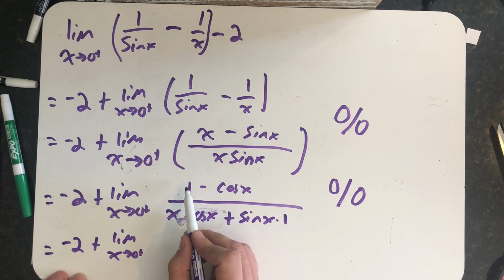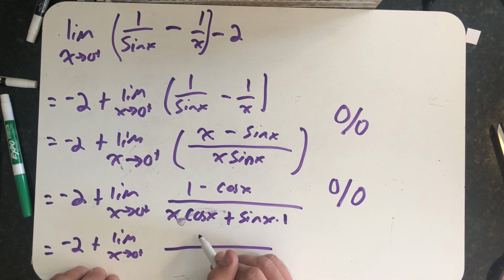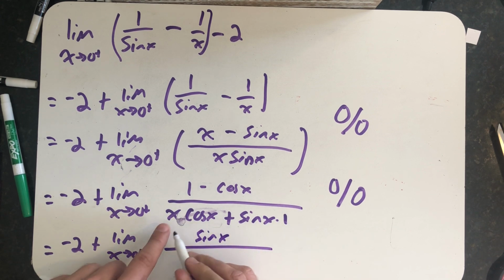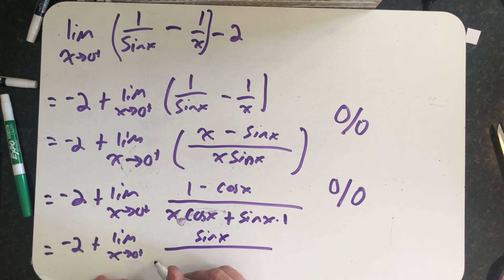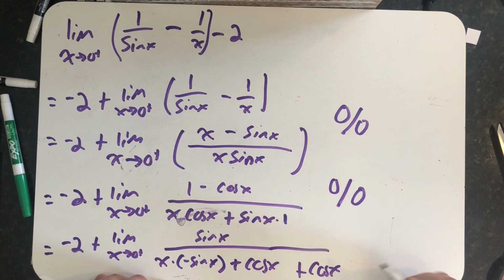All right, well here that goes away because the derivative of a constant is 0, and I end up with sine x on top. And on the bottom, I have to use the product rule here, so the first times the derivative of the second, plus the second times the derivative of the first, and then plus the derivative of that part is just cosine.